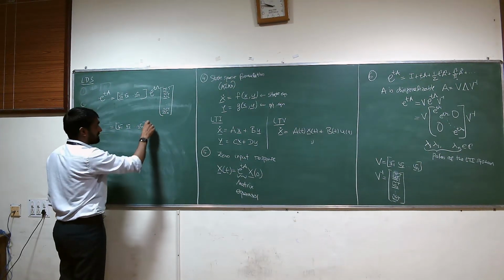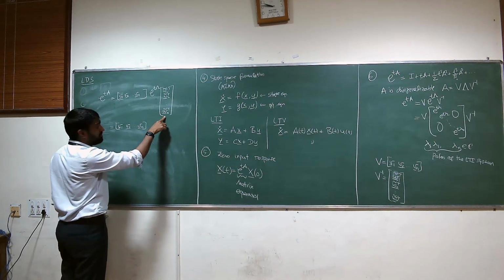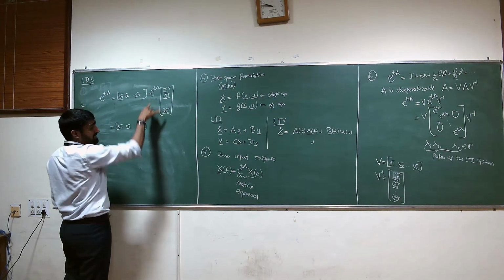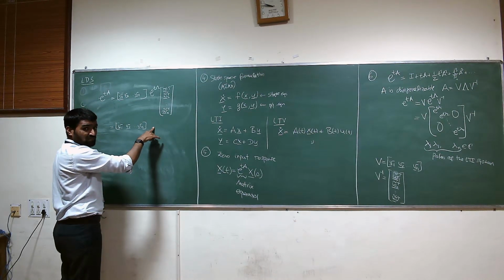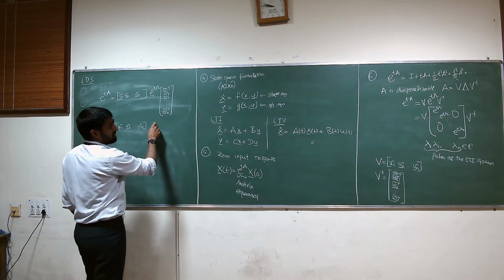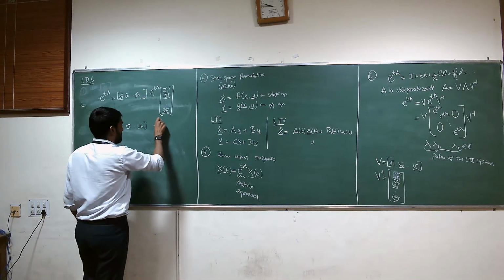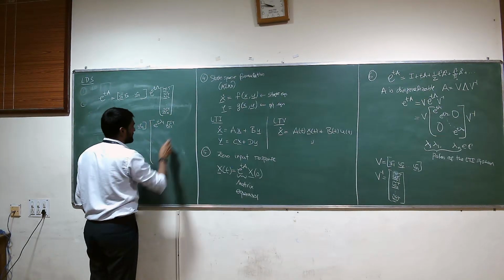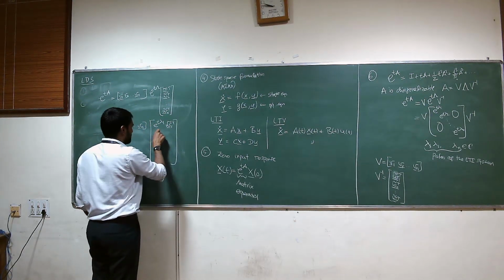This is a block column. This is the n cross n matrix. If you multiply these two, what will you get? You're saying you'll get another block column, is it?